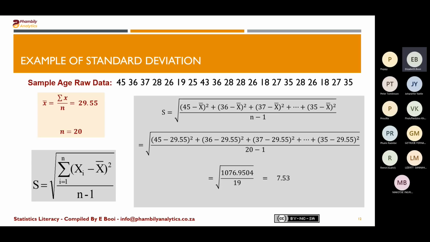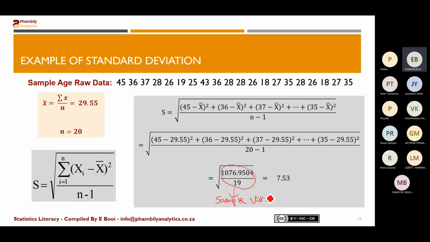Divide by 19 minus 1. Oh, sorry, 20 minus 1 is 19. When you simplify everything and take the square root, the answer is 7.53. Everything underneath the square root, if I take this value, 1076.9504 divided by 19, this value here, it is your sample.